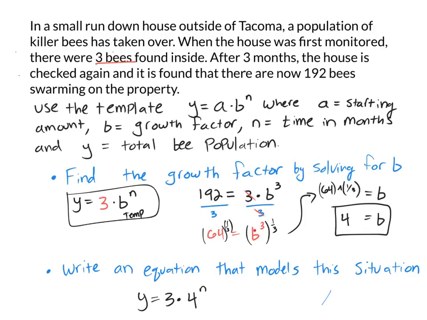Notice when we had b to the third power equals 64, to get rid of that third power, I just took the 1/3 power on both sides, and I stuck it in a calculator to find this out. This is a little bit tricky, and it's going to take some practice. We'll practice it in class. You can ask me or others how to approach this problem in the future, but now we have our finalized equation that models this situation.